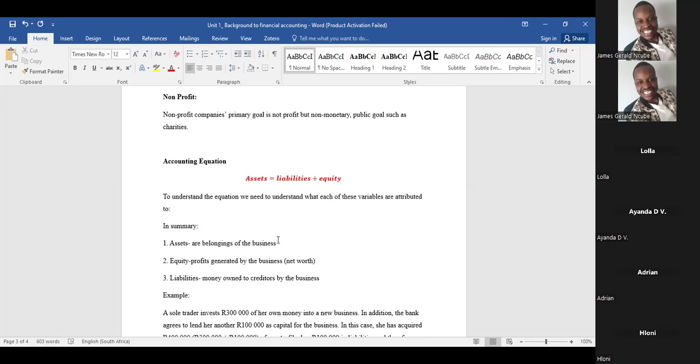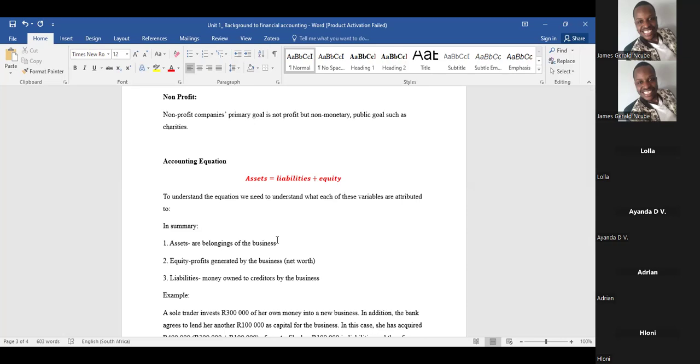As he said, equity increases when there is income. So profit generated by a business is actually a form of equity, right? Liabilities are the money owed to the creditors by the business, which is basically the opposite of assets, right? Now I've got a simple example here before we wrap up and conclude.